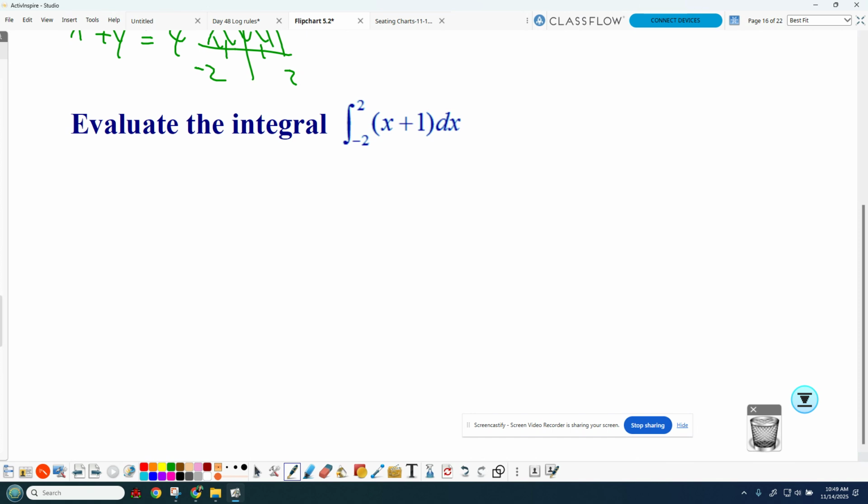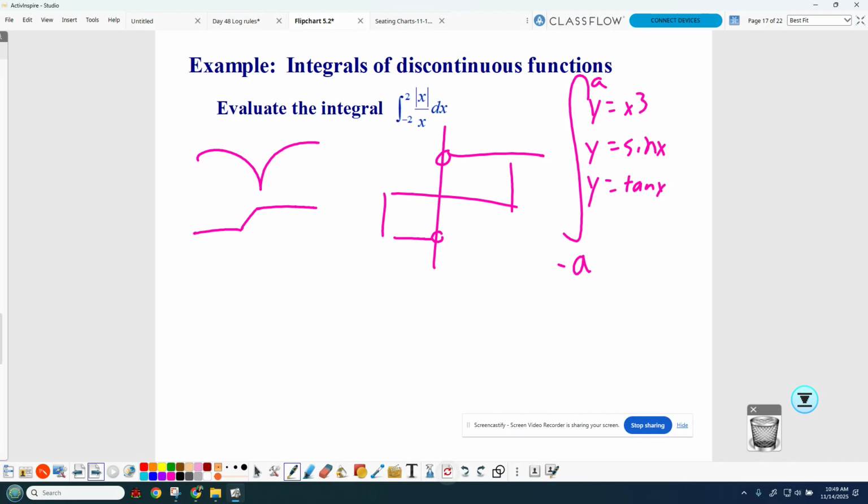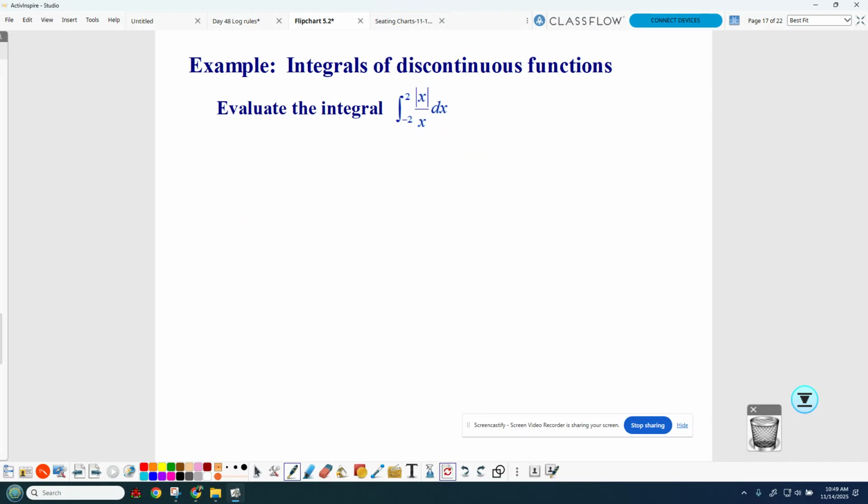Questions? Okay. That one is super fast. And it's discontinuous. This is 0. What's it look like? I feel like I've just seen this problem before.